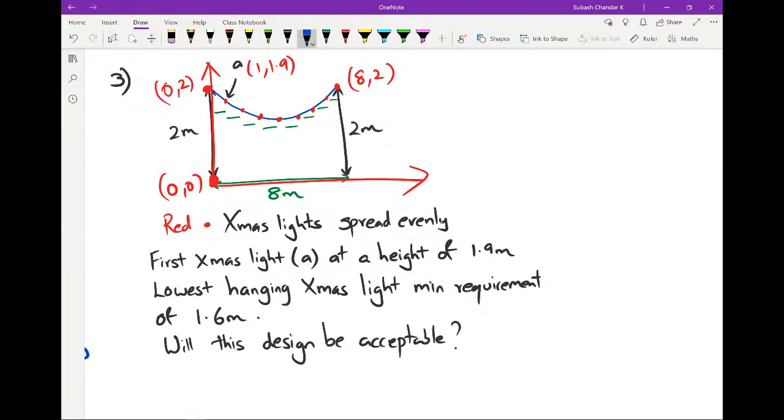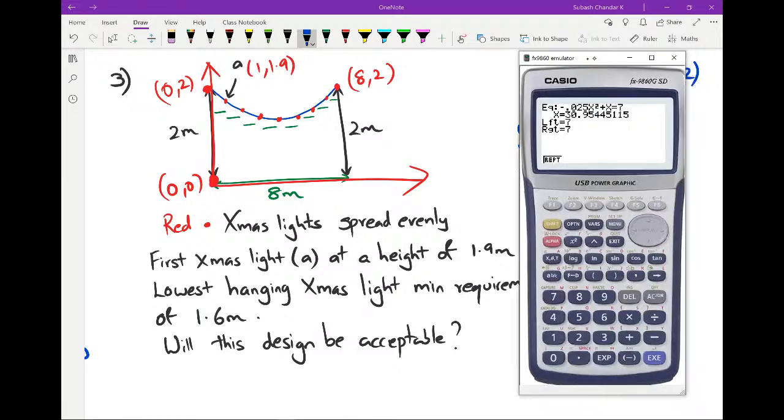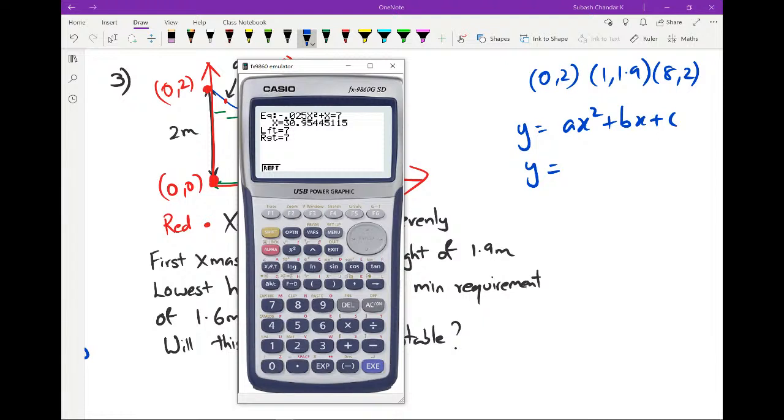So I've got my 3 points, which are 0, 2, then 1, 1.9, and then 8, 2. So I've got y equals ax squared plus bx plus c. And now I just need to work out what my equation is. So go into menu, and go into stat mode. 0, 2.